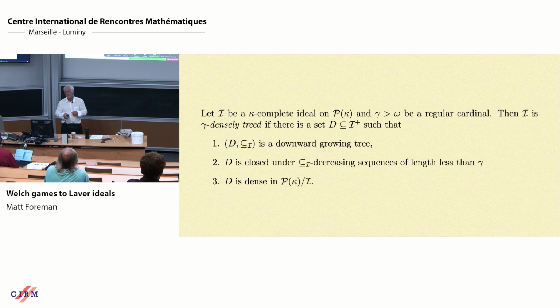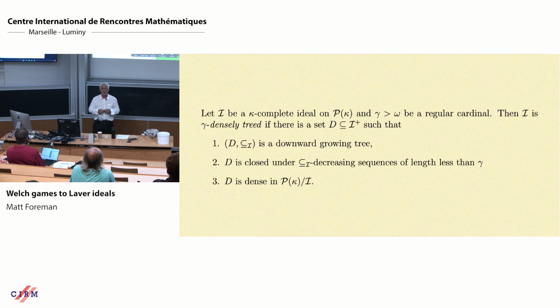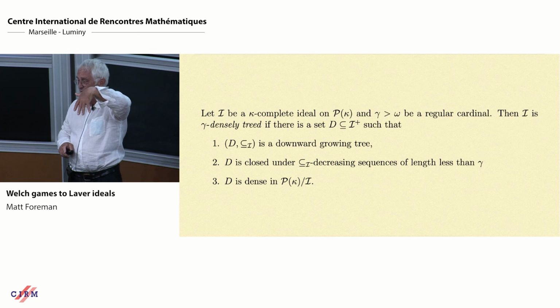So here's a definition. Let I be a kappa-complete ideal on the power set of kappa, and gamma bigger than omega be a regular cardinal. Then I is a gamma densely treed ideal if there's a dense set D contained in the positive sets such that it's a downward growing tree.